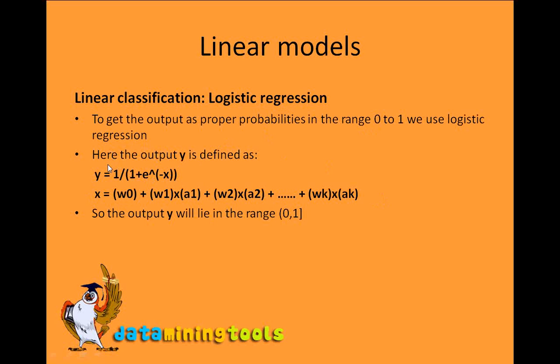If you look at this expression of y, for any value of x from minus infinity to plus infinity, the value of y will always lie in the range 0 to 1. So all the steps of multi-response linear regression remain the same, but now the final output is represented as y and not x, and y is given by this expression.